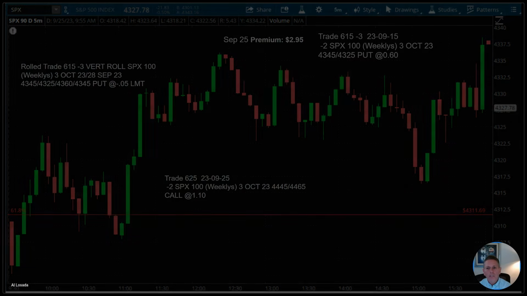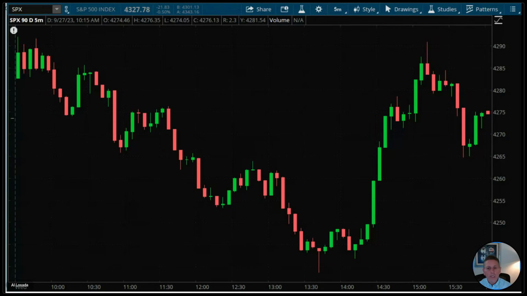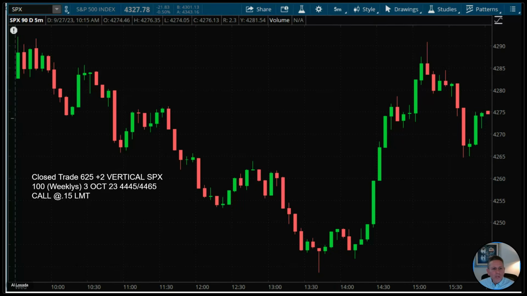As the market goes down, we close the position for 15 cents, and then we added a put spread for 60 cents, and now we're at a 20 wide position.